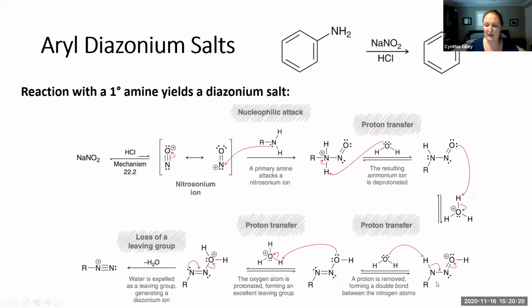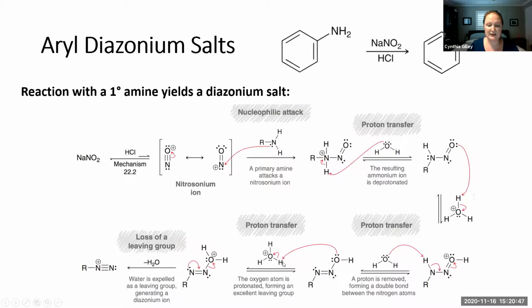And then we can show, if we want, resonance from a lone pair on this nitrogen, or alternately, we can just show the base coming in, taking the quote-unquote alpha proton and electrons flowing up to the oxygen atom. This leaves us with a nitrogen-nitrogen double bond and a hydroxy group attached to the terminal nitrogen.